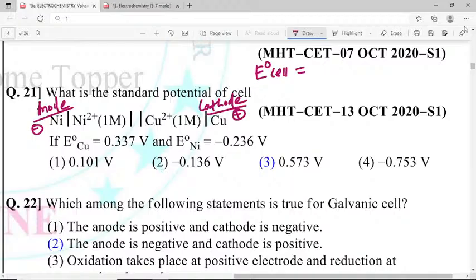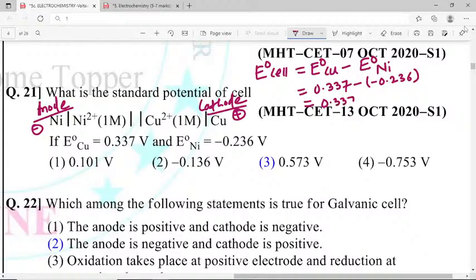E naught copper is the cathode minus E naught of the anode, which is nickel. Copper has a value of 0.337 minus nickel, which has a value of minus 0.236. So minus minus becomes plus: 0.337 plus 0.236. Add them to get 0.573.